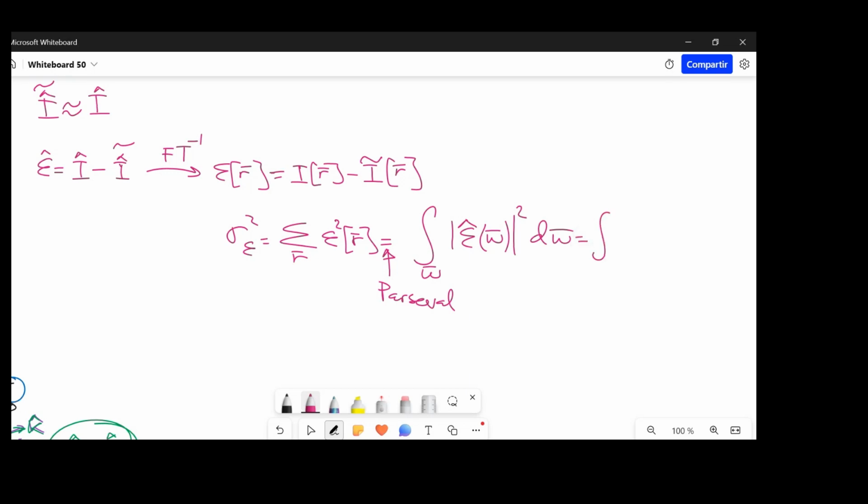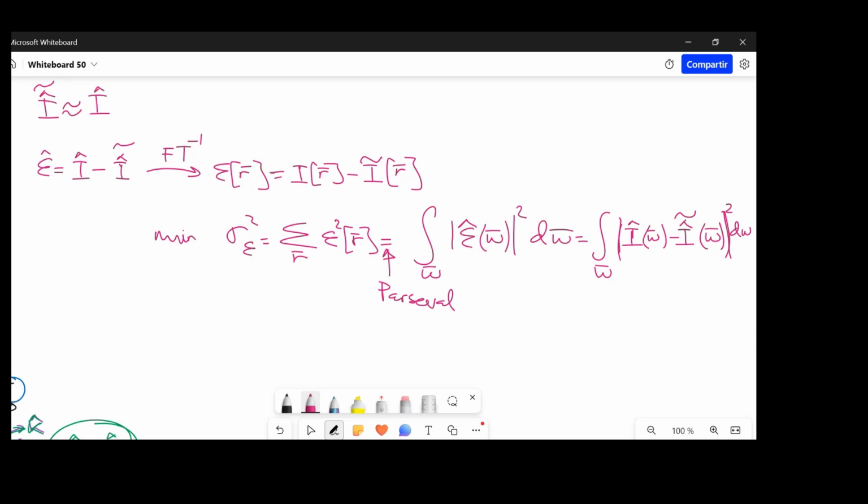This is the value over frequencies of the estimated image minus the actual image. And we want to minimize this. This I want to be minimal.